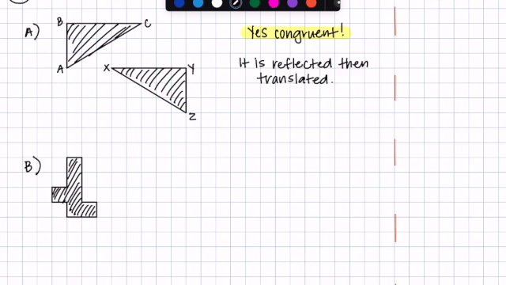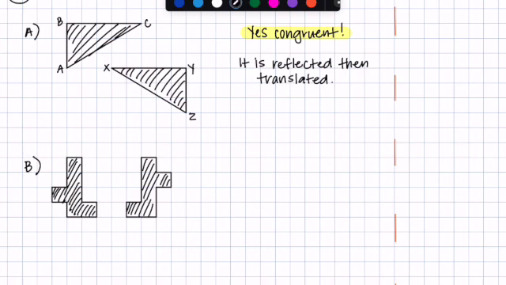And then your second one, and we'll start to compare those two to each other. So are they congruent or not? Take a guess. What do you think?